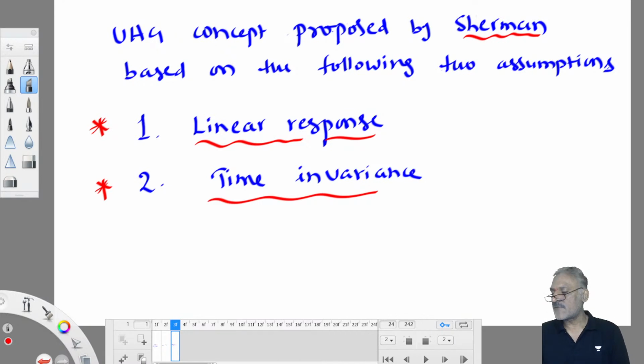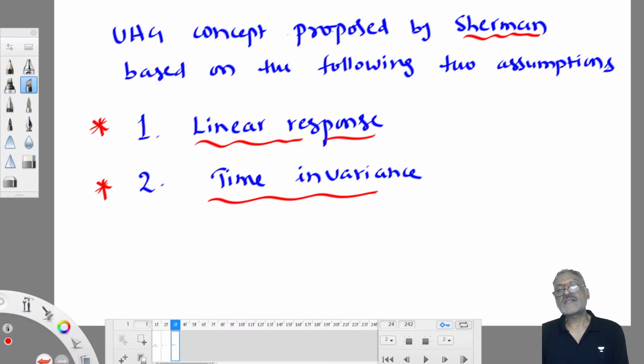Time invariance. Time invariance means what? We inquired the cost of 100 apples in the morning. Morning it cost 1,000 rupees. The same 100 apples you want to buy late evening, say 10 o'clock in the night, if you go and inquire, you can get them for 700, 800 only, because fruits decompose. They can't be stored for a long period. They are perishable things, so the cost can't be maintained the same forever.